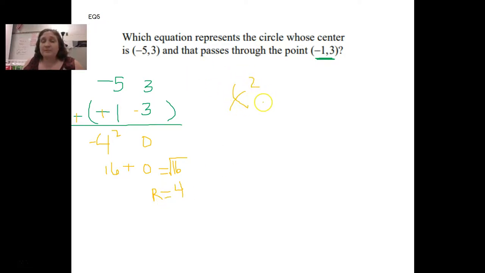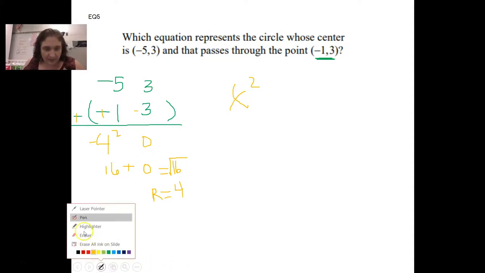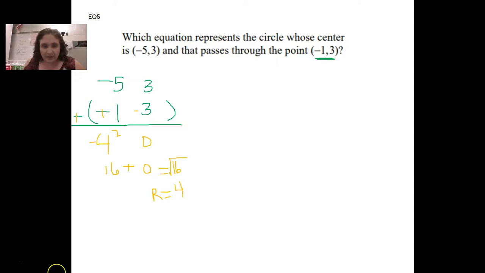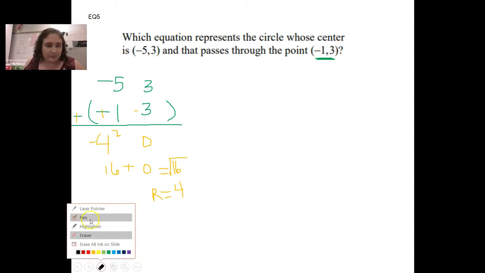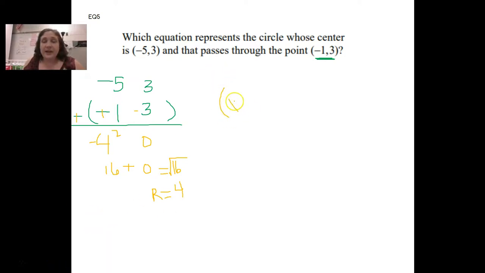X squared. Nope. I was rushing. So we're going to set it up by doing x, leave a space squared, plus y, leave a space squared, equals. So we do the opposite. So if our center is negative 5, positive 3, we're doing the opposite values.